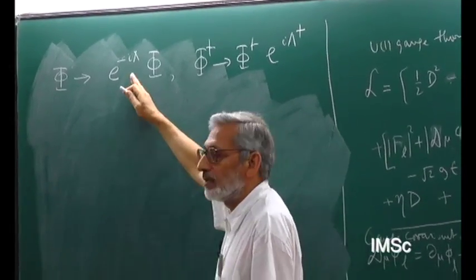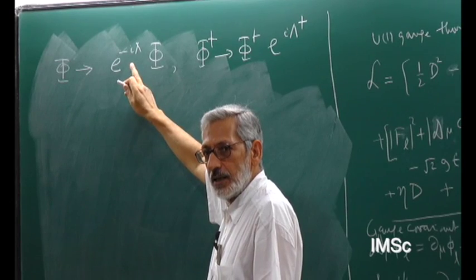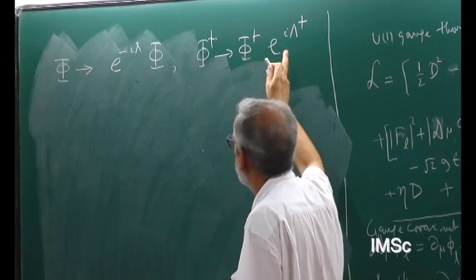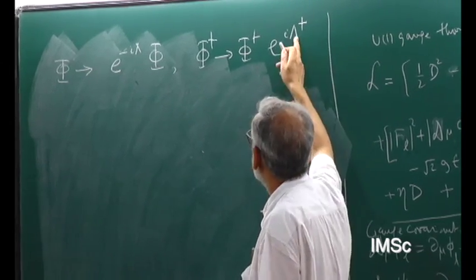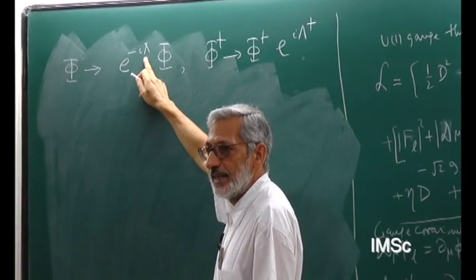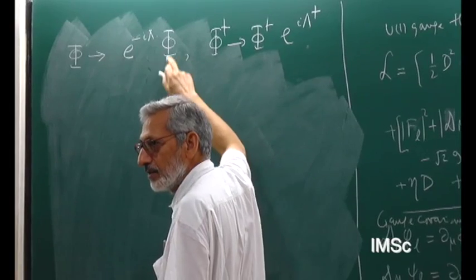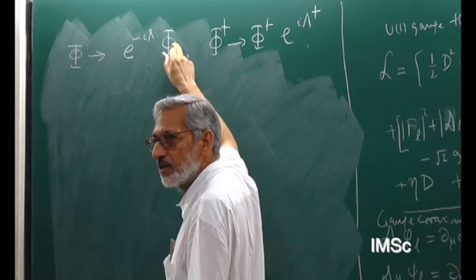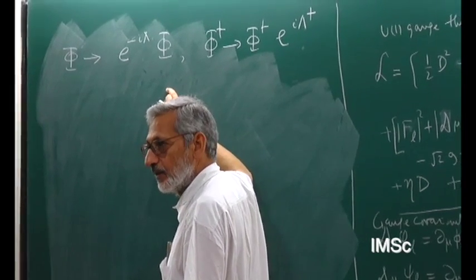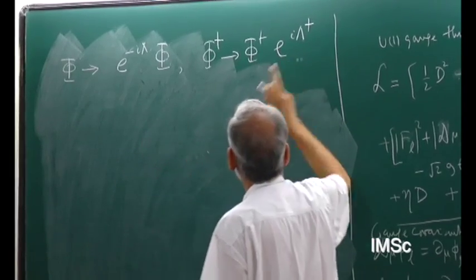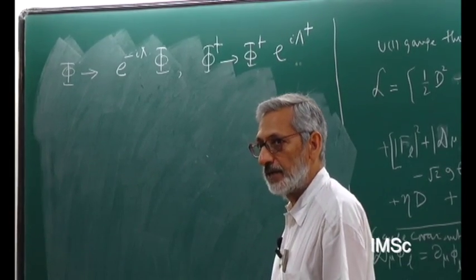See the order. This is on the left, this is on the right, because now these objects are matrix valued. There is a matrix acting, and these are vectors. It has a number of components. The matrix acts on this. So this is the Phi dagger.